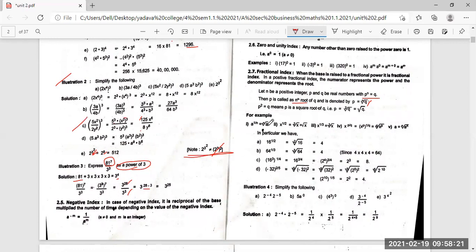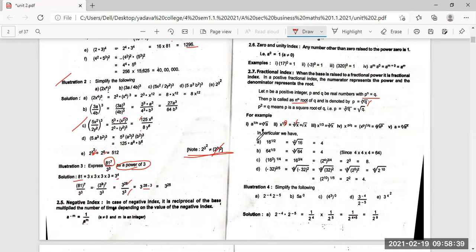So 1 by 2 means this 2 is the nth root. Square root of x, the nth root is 2. Likewise, cube root of x, the nth root is 3. So likewise, we have to write all these things.